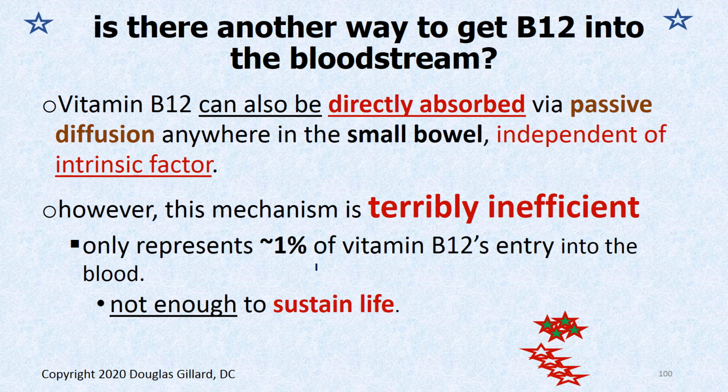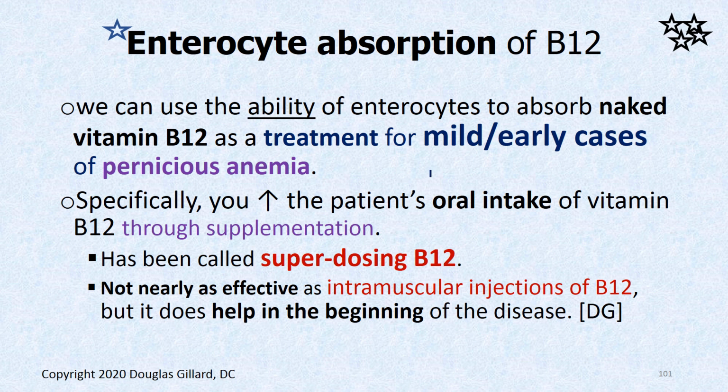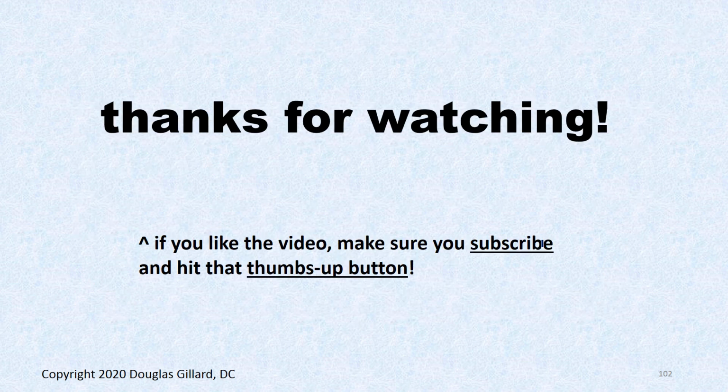It's not enough to sustain life, but if you megadose vitamin B12 when you're heading toward pernicious anemia in the early stages, you can stay away from the shots by superdosing under supervision of a doctor, right, though, because it's not fat soluble, but it can accumulate in the liver. But ultimately, you're going to end up having intramuscular injections, and then you're fine, except you've got to poke yourself all the time.